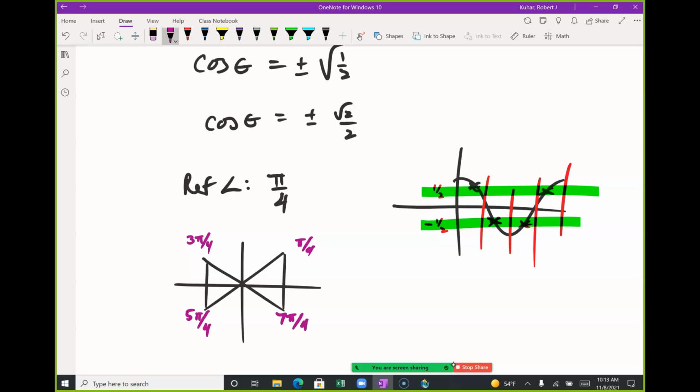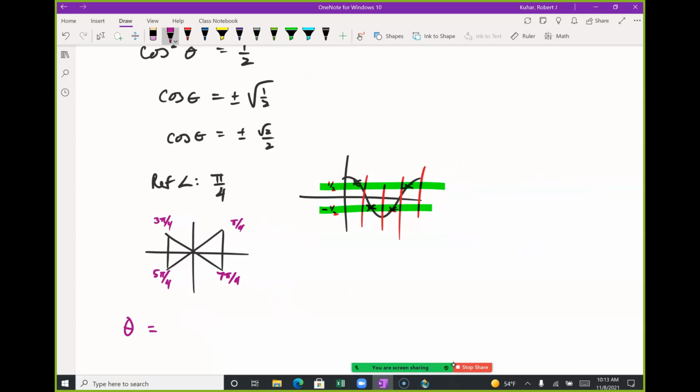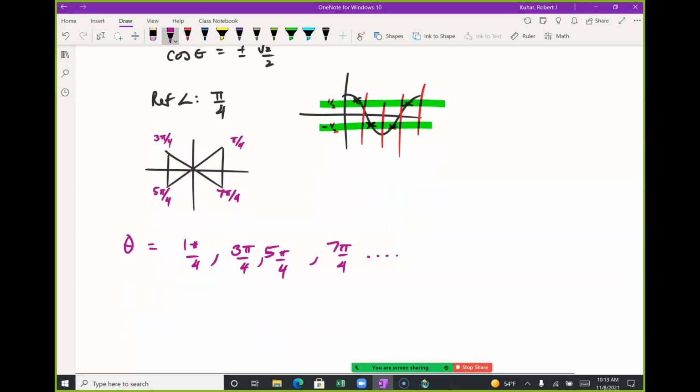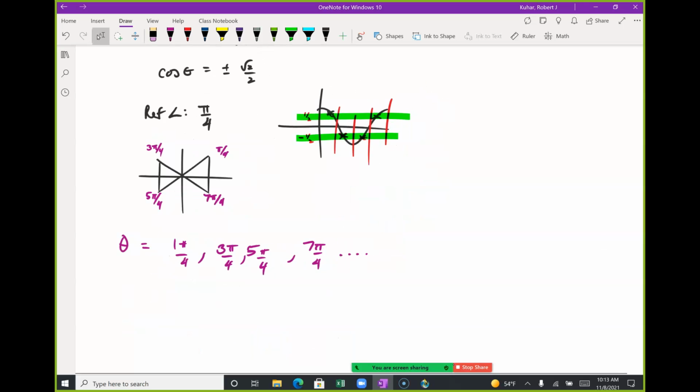On this one, I can already see that I'm adding 2 pi over 4 every time. So for theta, I get pi over 4, 3 pi over 4, 5 pi over 4, 7 pi over 4, etc. I'm just adding some multiple of 2 pi over 4, so I can get that answer by pi over 4 plus k times 2 pi over 4.